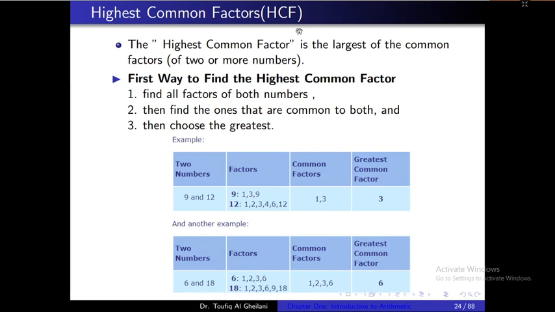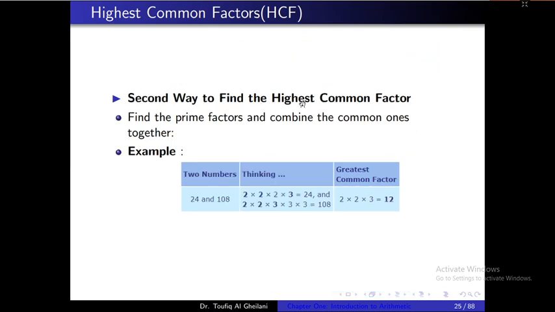Now let's explain the second way to find the highest common factor. Firstly, find the prime factors and combine the common ones together. For example, what's the highest common factor of 24 and 108? Firstly, the prime factors of 24 are 2 times 2 times 2 times 3, which gives 24.